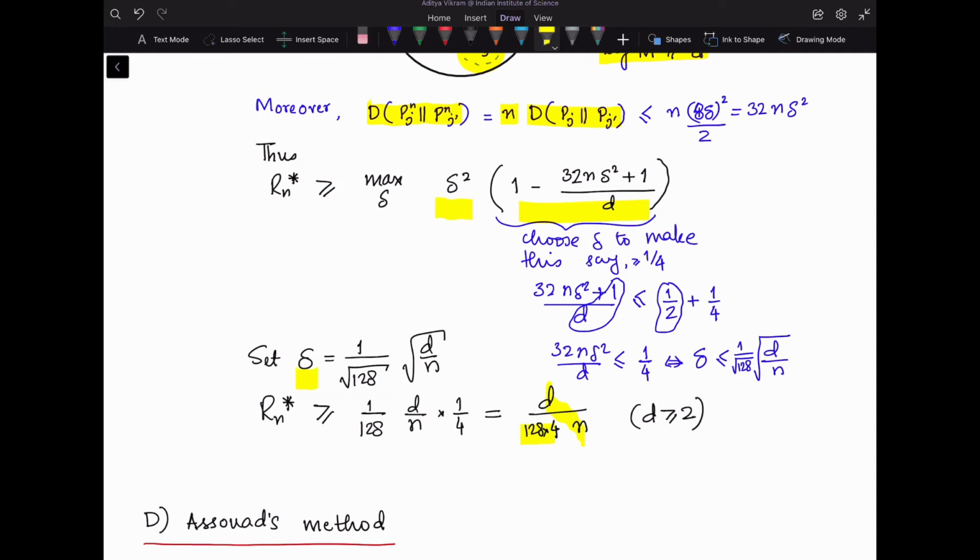We packed this ball of radius 4 delta using the smaller balls of radius 2 delta, and that really brings out the dependence on dimension. We'll just note this fact here. Dependence on d because of packing.